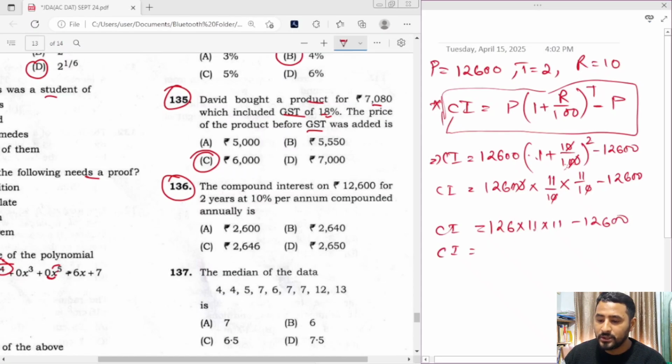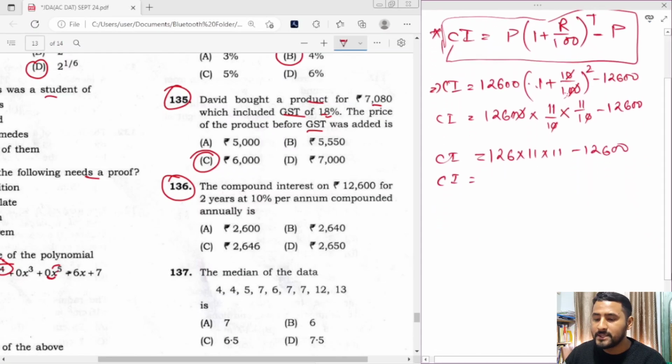So CI will be how much? You just multiply this: 126 into 11 into 11, which is 121. So 126 into 121 gives 15246. Then 15246 minus 12600.